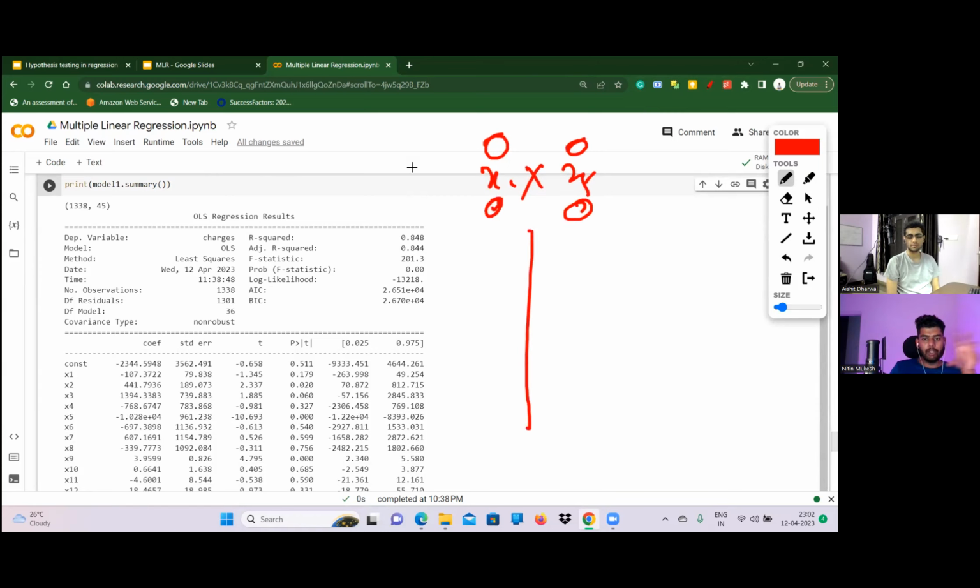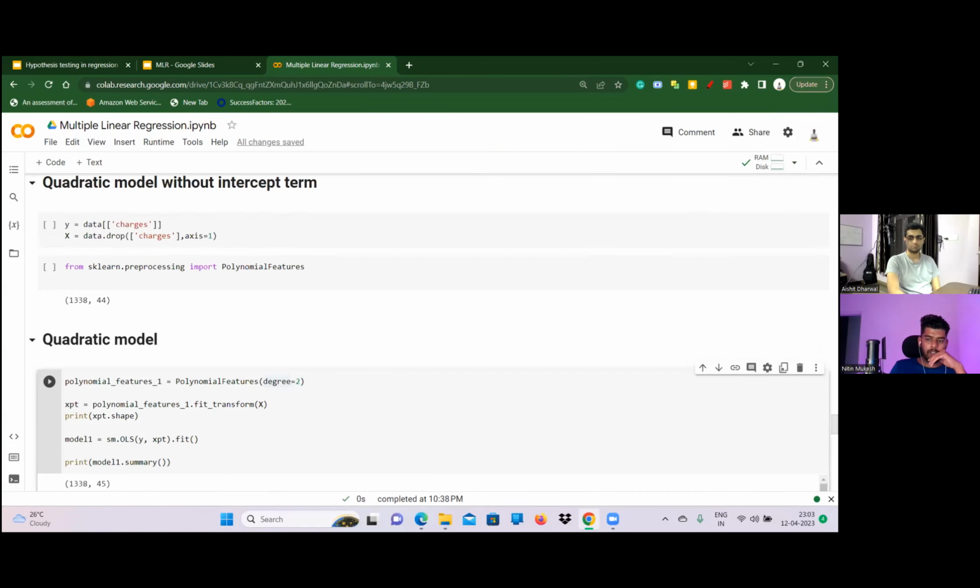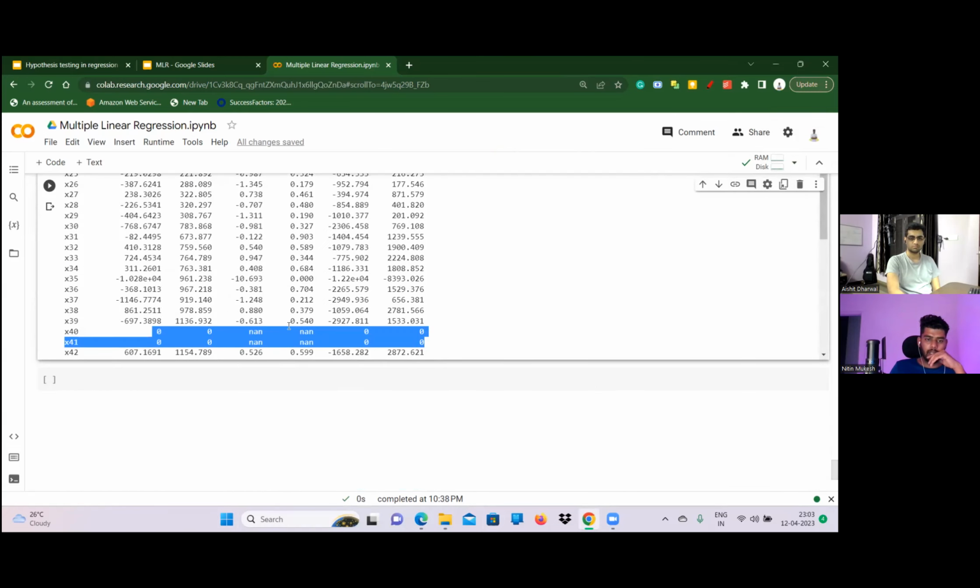But if both are categorical and the values form a 1010 combination, then it all becomes 0, and your estimate will not be there. That is why we get something called NaN, not a number, or some infinity or other values.